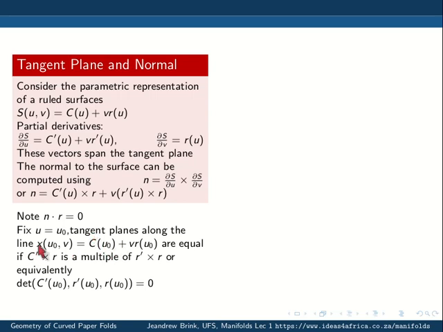So how do you see this? Here's the line that's leaving the curve. If c' cross r is a multiple of r' cross r, then the normal is equal to c' cross r plus something that changes along the curve, but r' cross r is a multiple of this thing. So the direction of your normal remains the same. Do you see that one?